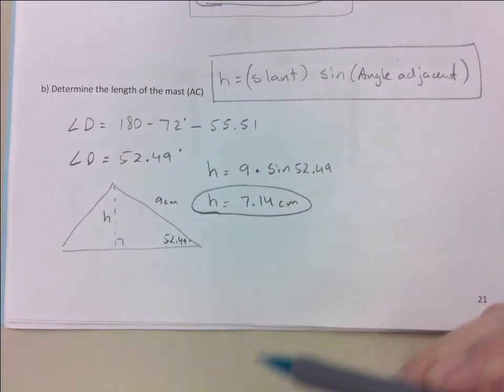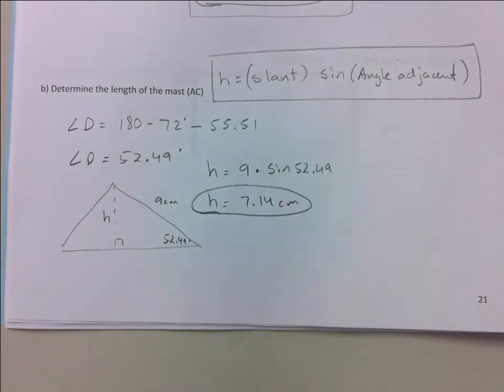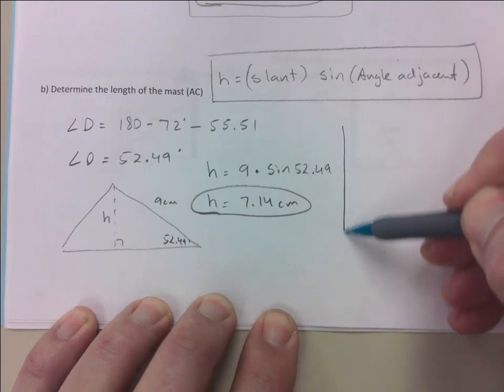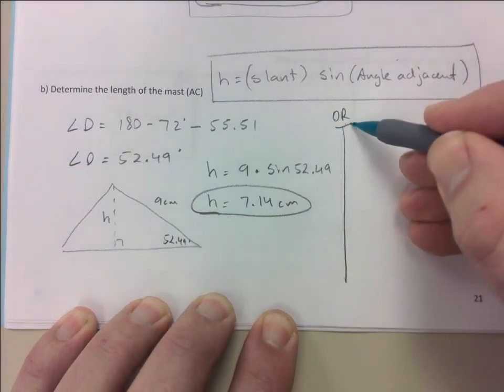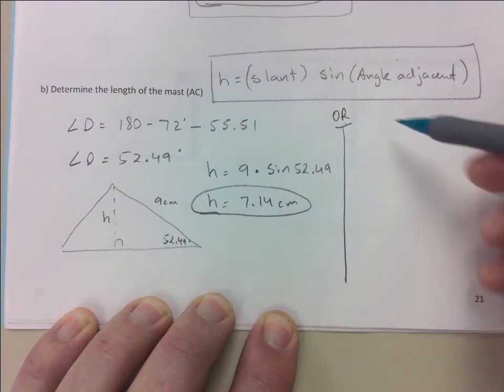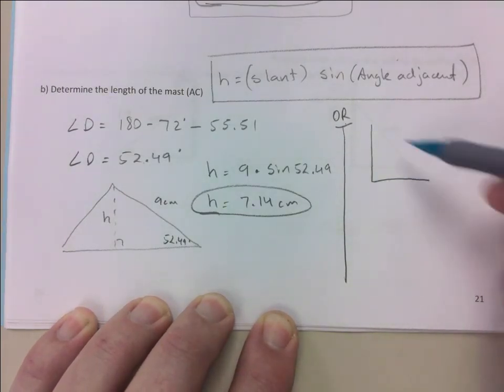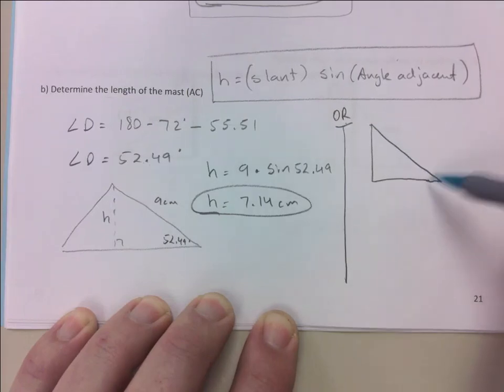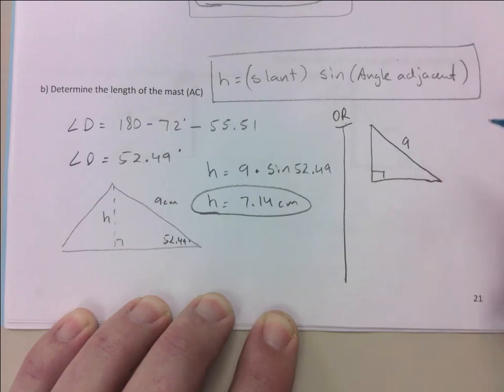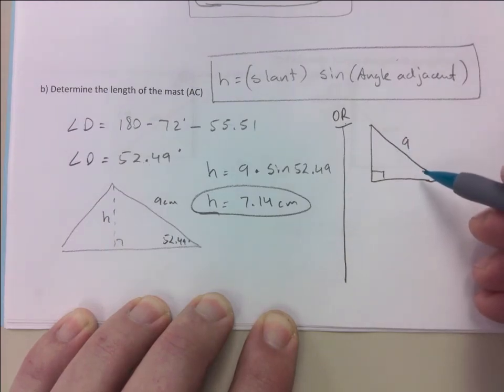This is what we kind of touched on yesterday. I always like to give you an or. Or. How else could you have done this? I'm going to pick this triangle because I have the 9 here. I know that this is 52.49 at this point.